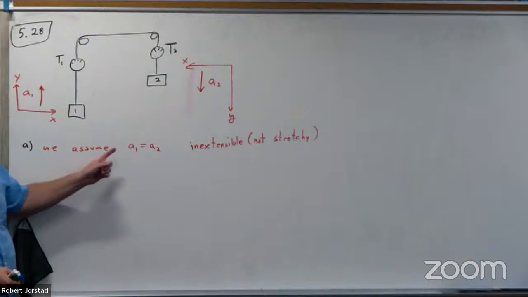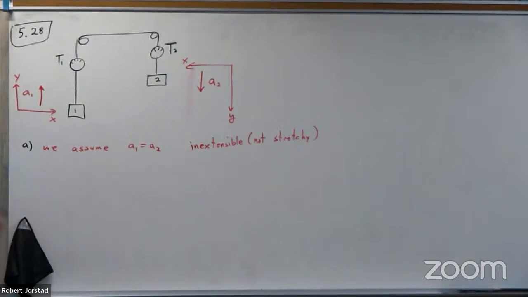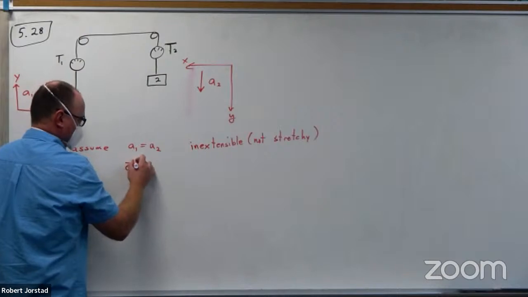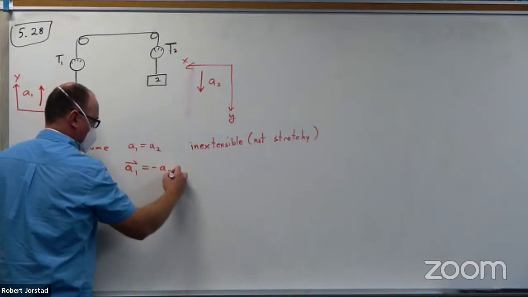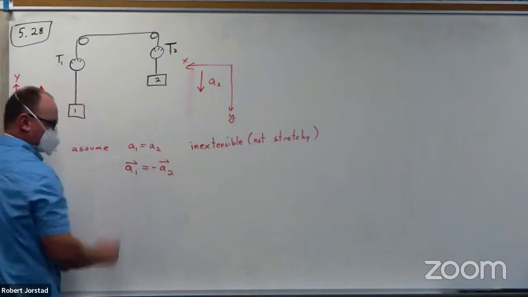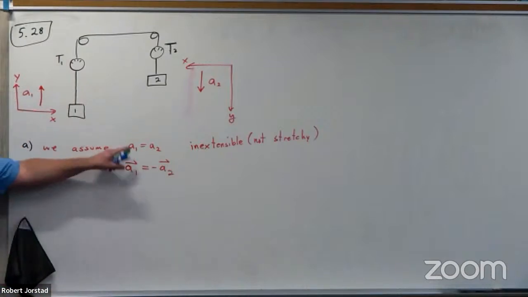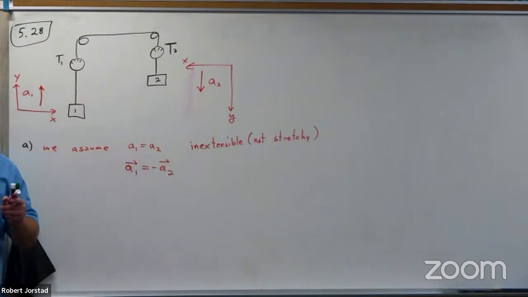So that's what allows us, now careful, A1 is the magnitude. A1 with this arrow upwards is acceleration 1 vector. So to be clear, A1 does not equal A2. It equals negative A2 if you put the vectors on top. If you leave the vectors off, it's just the magnitudes. Everybody cool with that? All right.